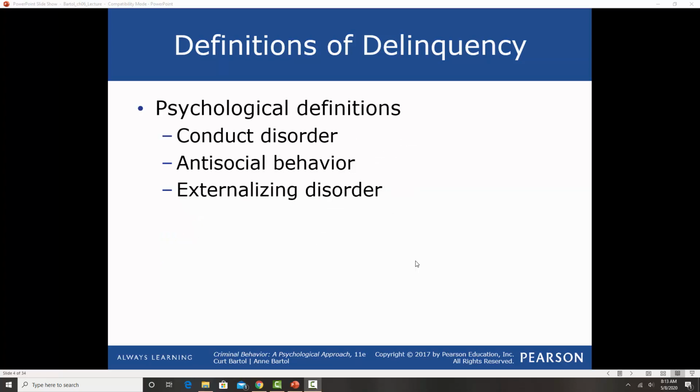Now, when it comes to some of the potential psychological diagnoses for juvenile delinquents, I mentioned previously conduct disorder. We talked about that in chapter 2, and that is habitual misbehaving, including serious behaviors. Remember, the key is the lack of empathy, sympathy, inability to feel guilt, remorse, and shame.